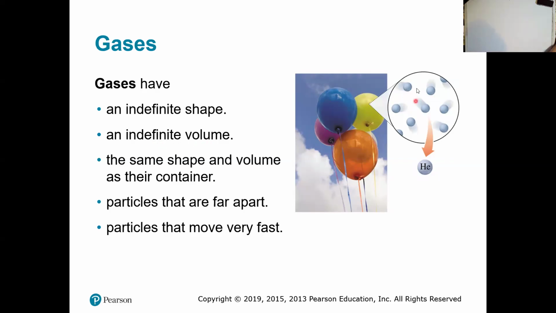Because of all this empty space between your gas particles, if you took a balloon, for example, and decreased the volume of it, you would just end up compressing your gas sample, meaning you'd squeeze it together a little bit. But you're able to do that with a gas sample because there's so much empty space. So if you squeeze these gas particles together, they would just get closer to each other, but there'd still be room for them all. Okay.